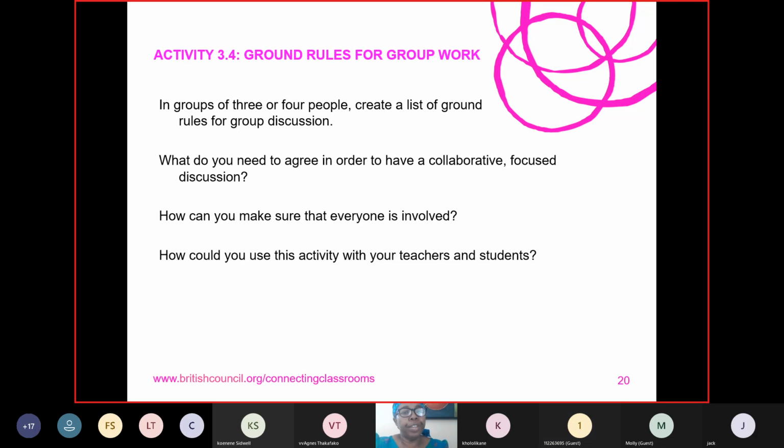If I can sum up, it is very important that you have these ground rules, because they are going to guide and ensure everything that you have mentioned there, and you need to have an agreement. The reason you have these ground rules is to ensure that everyone participates.